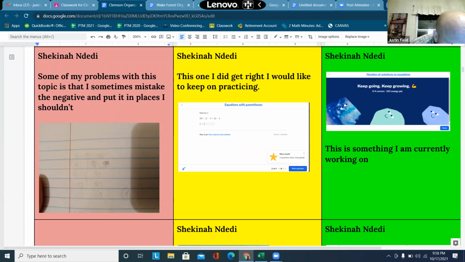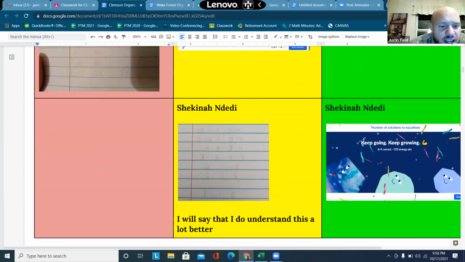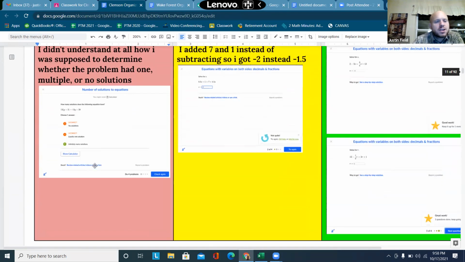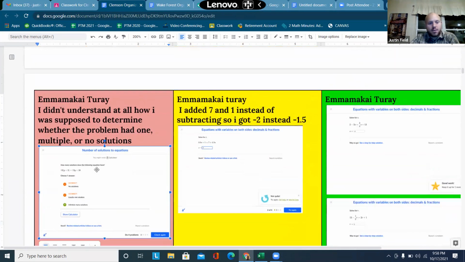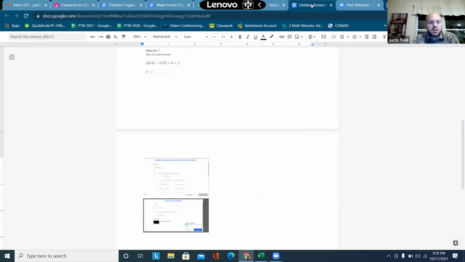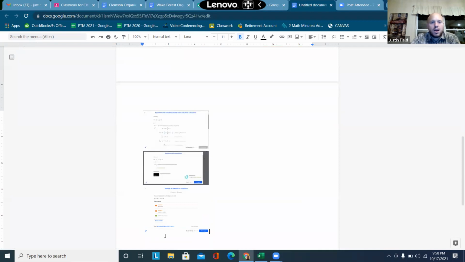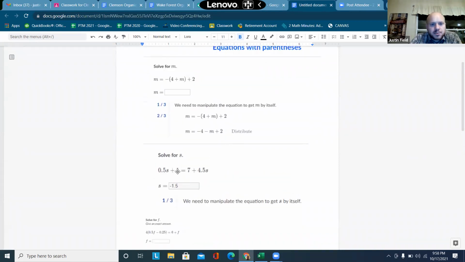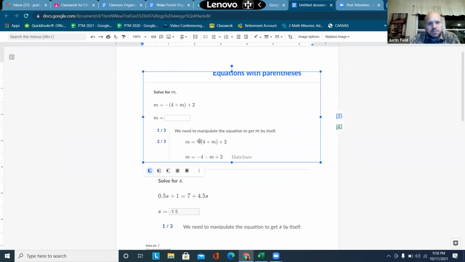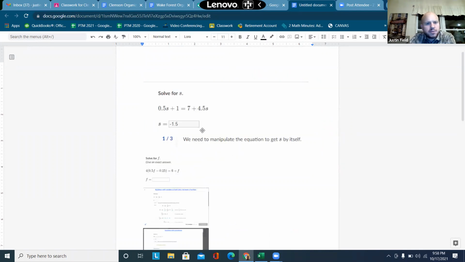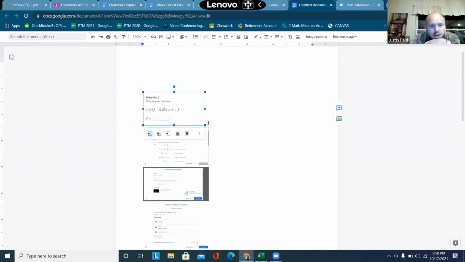I think it's negative t equals 9, t minus 10. Oh, I saw that problem up above. Oh, thank you, Emma, for posting the number of solutions equation. We have to do that one. All right, so we have our list. Now I did this one, right? Yes, I did. And I did that one. Okay.